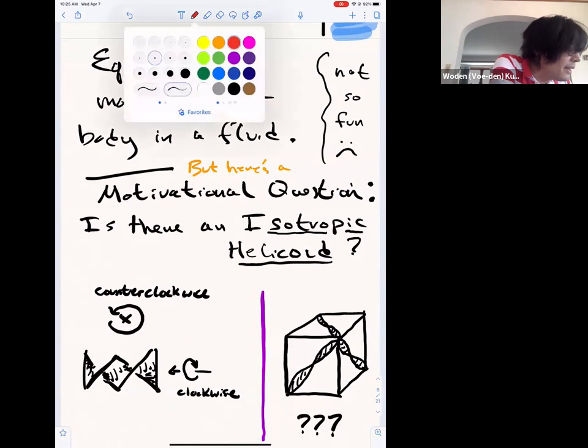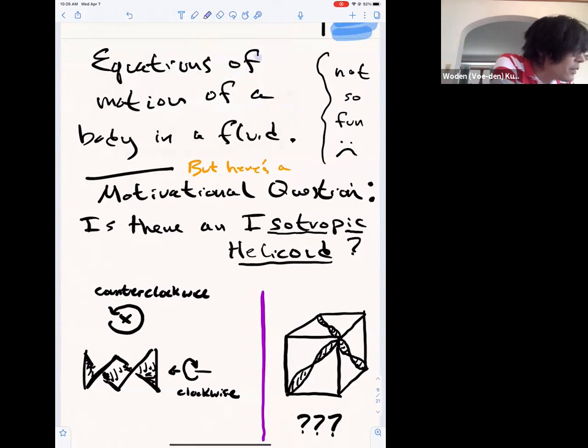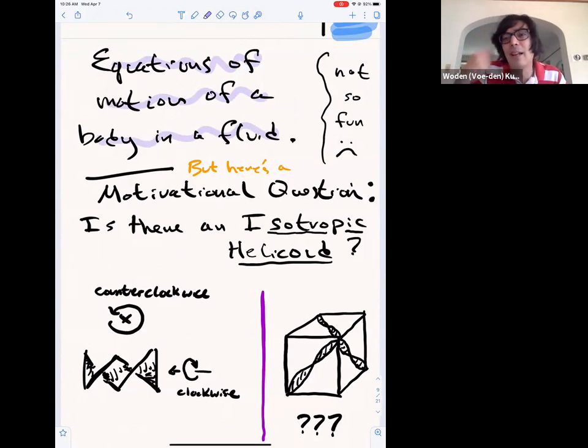So if we want to be true physicists, we just look at the equations of motion of a body in a fluid. This is some nice coupled set of tensor valued differential equations, which are not completely understood, but make some assumptions and there's a lot of stuff that's solved.